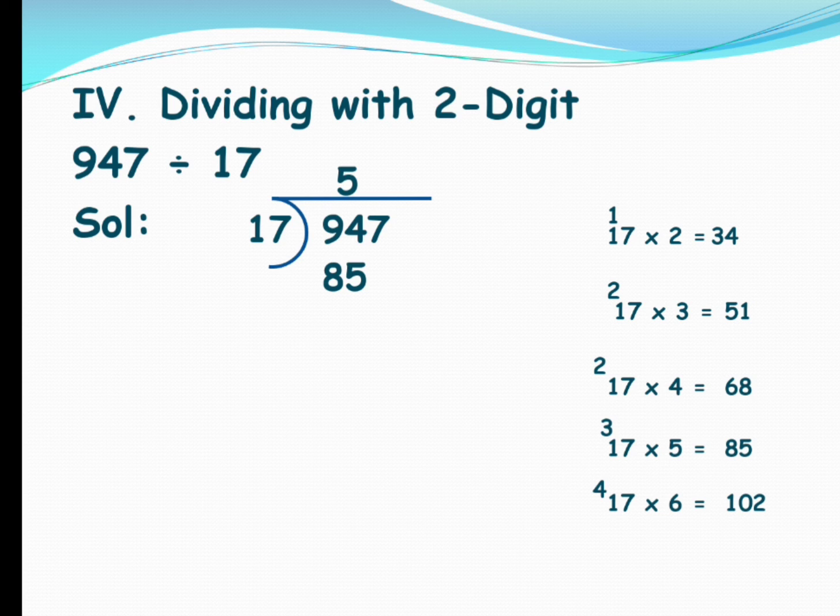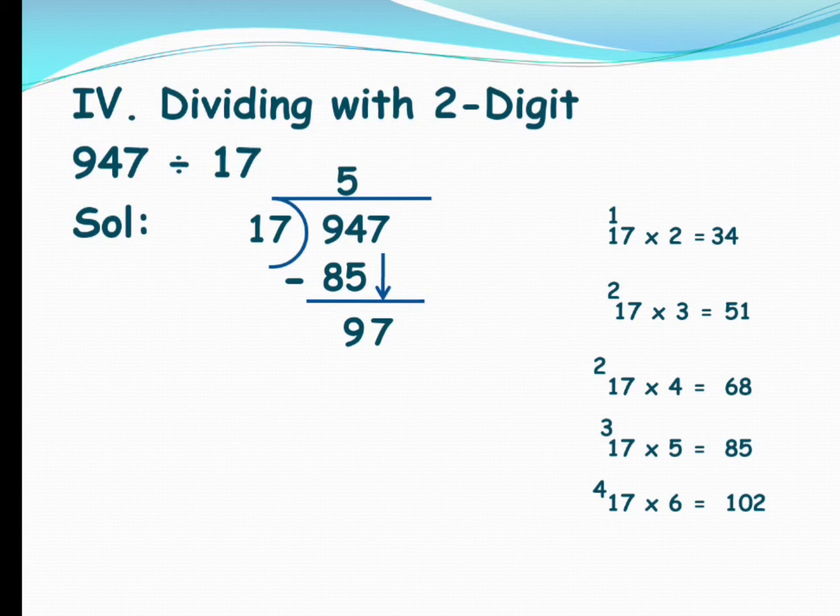Now you have to do 94 minus 85, where you will get the answer as 9. Okay, now you have to bring down the 7, isn't it? So bring down the 7, 97. So again you have already written the table here in the working column, isn't it? Now check whether any number is equal to 97. If it is not equal to 97, then check with the number which is smaller than 97 and nearer to 97.